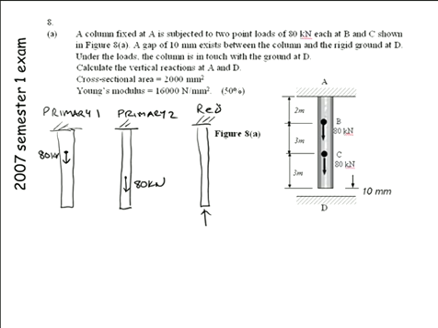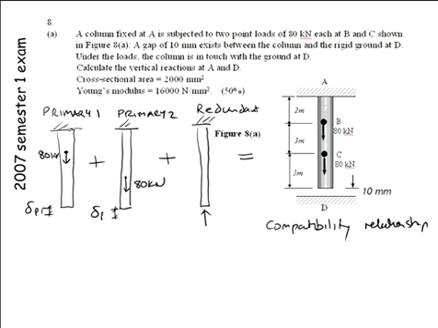But I'll just draw my 3 determinate systems here. And they all equal the initial system based on the compatibility relationship: delta primary 1 plus delta primary 2 plus delta redundant.